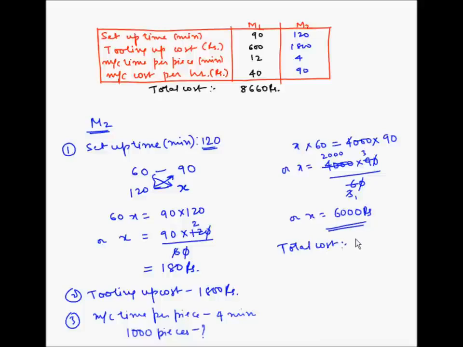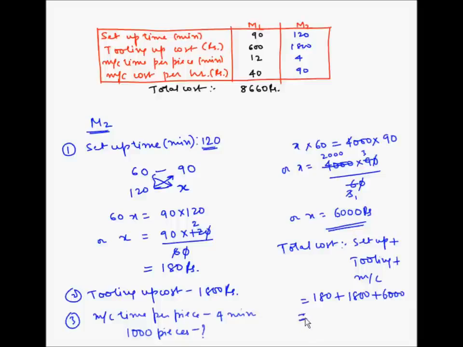So the total cost will be equal to the setup plus tooling plus the machining, which is equal to 180 plus 1800 plus 6000.